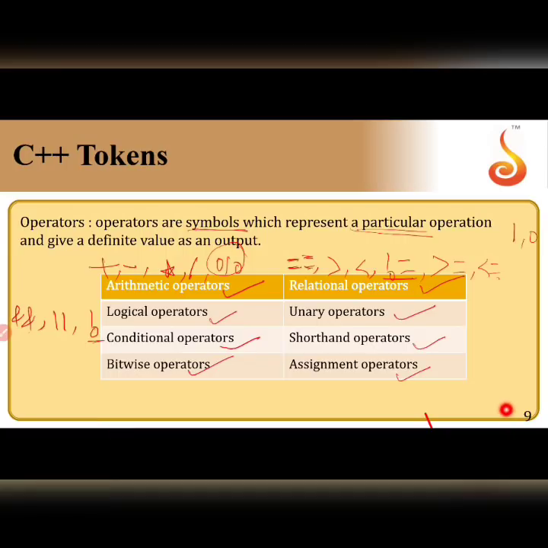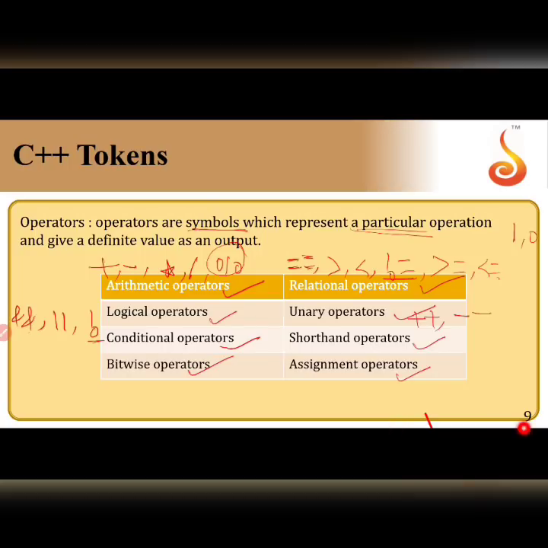Next is unary operators. Unary operators are increment and decrement operators, which increment the value by 1 or decrement the value by 1, and they are used with one operand. Next is shorthand operators.